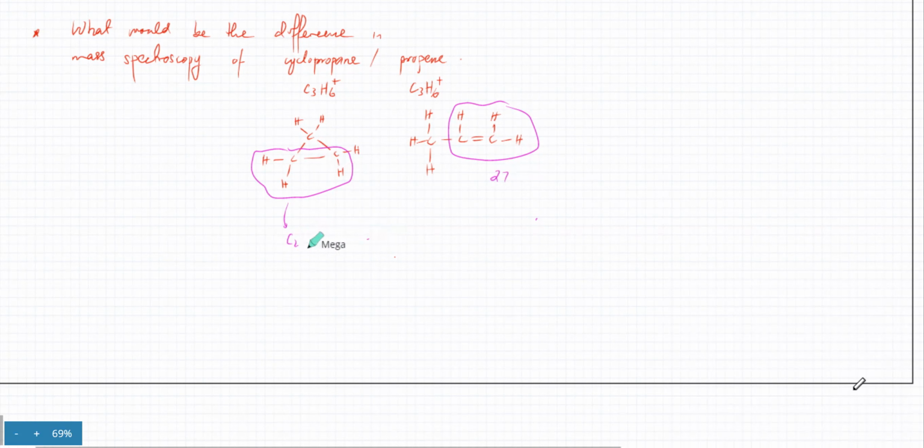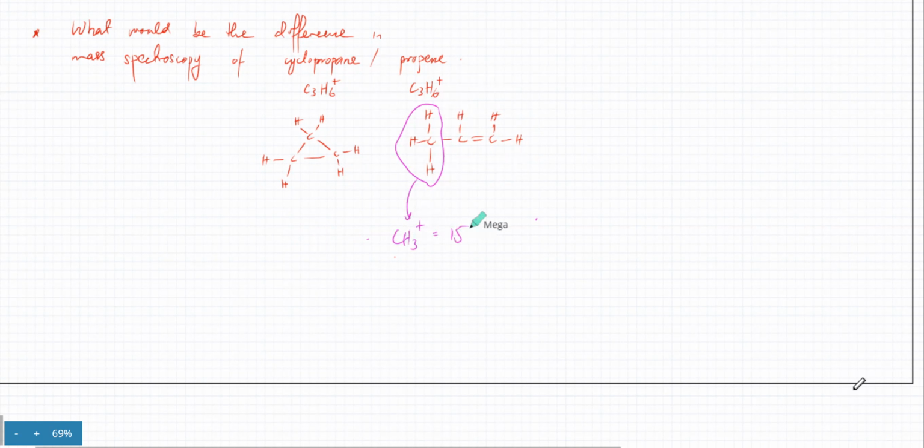So that would not be able to differentiate. I mean, you wouldn't be able to. What about the CH3? 15 would not be here. Okay, CH3 might break off, or CH3 plus 1 would form, and this will have a mass of 15. So you would be getting a detection at 15. You'll be detecting a particle that has a mass of 15.